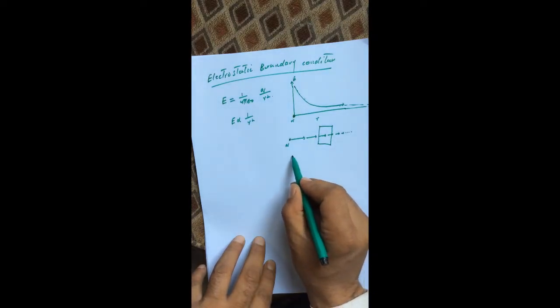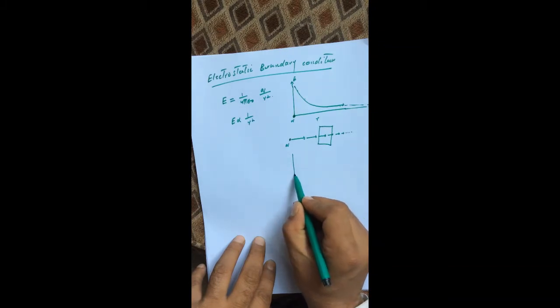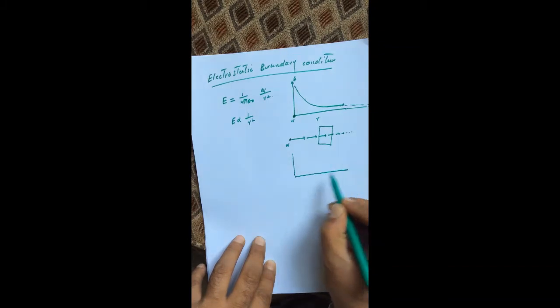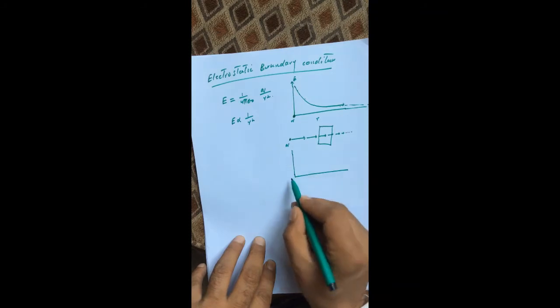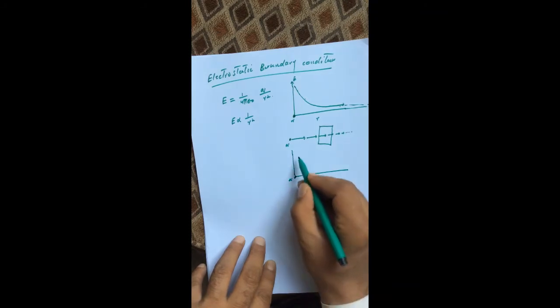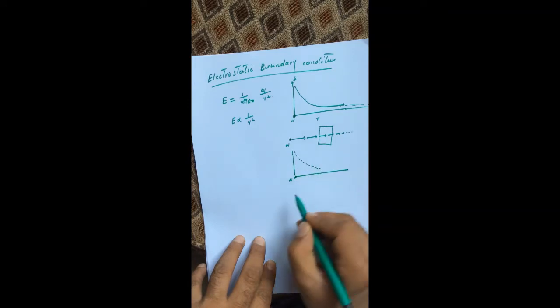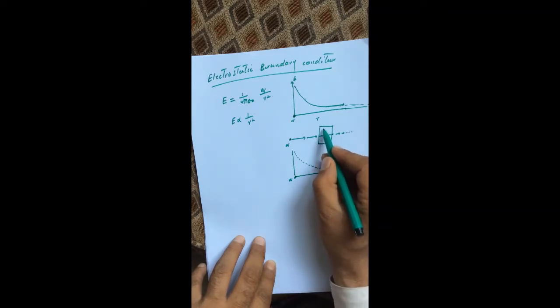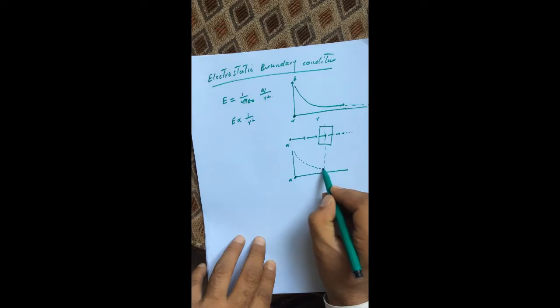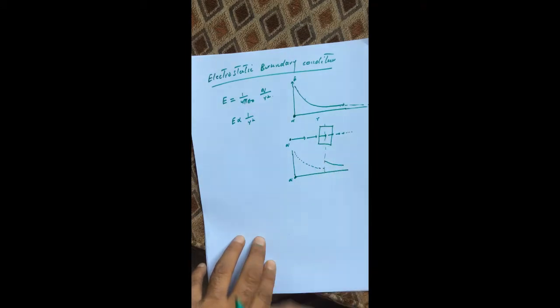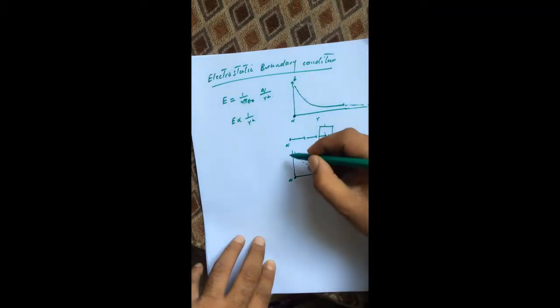The situation will be like this. The electric field at the point charge is stronger and decreases like this, but once we reach this charge surface, there will be a discontinuity in the electric field. The electric field will look like this.